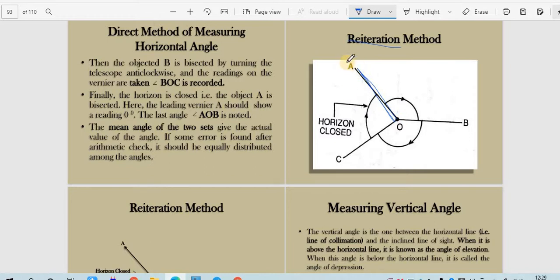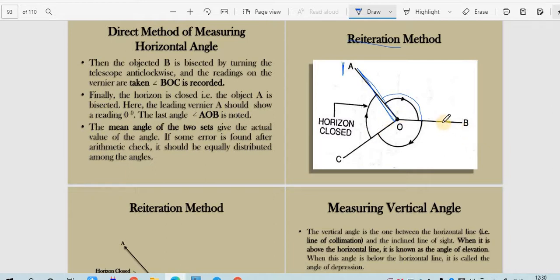And bisect the ranging rod at A. Once A has been bisected, now you have to measure this angle. So you have to release your upper clamping screw and then bisect the ranging rod at B, and whatever the angle is coming out to be, you will have to measure that angle. That will give you the angle AOB.